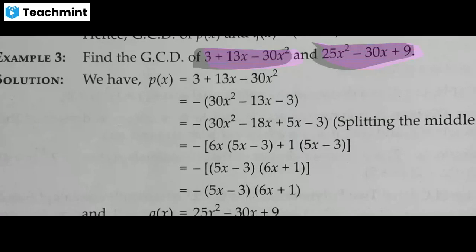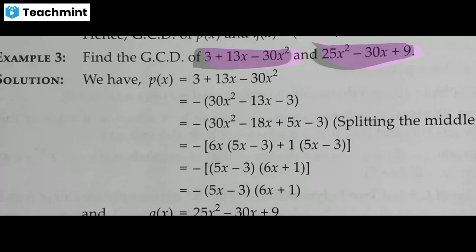Here no need of finding LCM. It can be asked together, find the GCD and LCM. In that case you have to find both. But if the question is asking only about GCD, write only the GCD part and no need to write LCM. Similarly, if you are asked only LCM, write the LCM, no need of finding GCD. So here find the GCD of two polynomials.